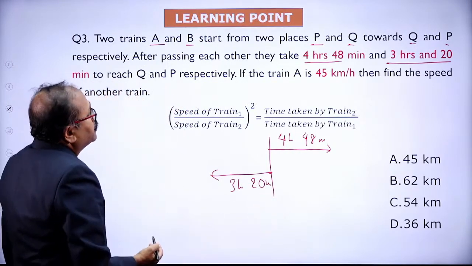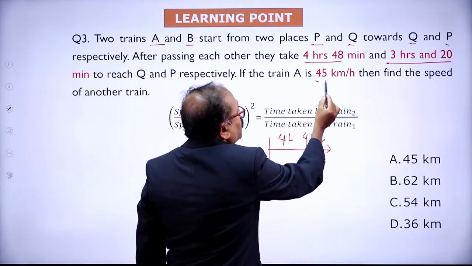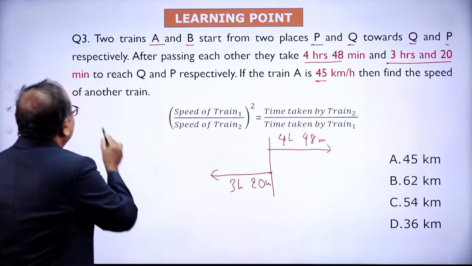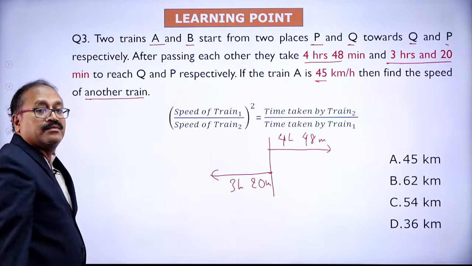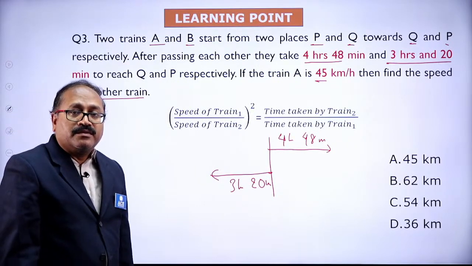Now the question is, if the speed of A is 45 km per hour, what is the speed of the second train?